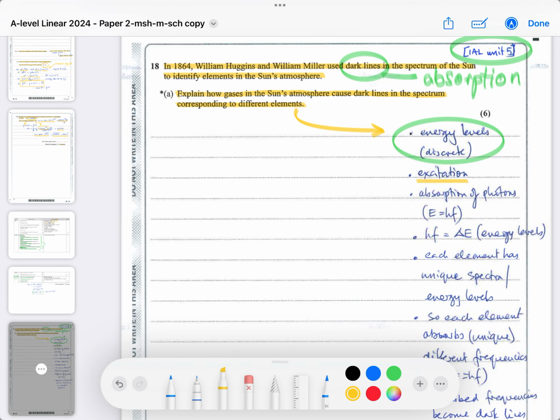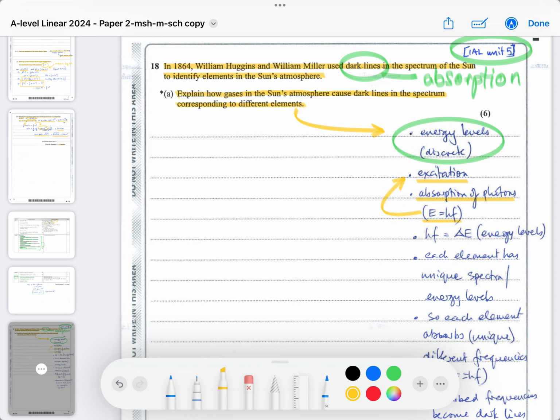Yes, because excitation means that there is a discrete change in the level that the electron can go to in an atom. So you get this by absorption of photons. Specific photons will correlate with the excitation levels.